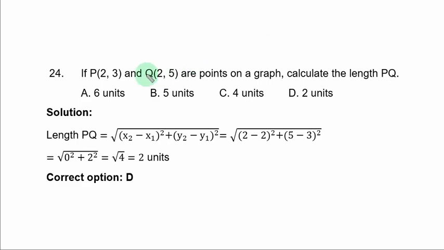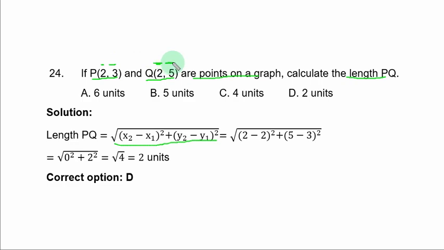Question 24. If P with coordinate 2, 3 and Q coordinate 2, 5 are points on a graph, calculate the length PQ. The length PQ is the distance between P and Q, and it can be calculated using this simple formula, where X1 is 2, Y1 is 3, X2 is 2, Y2 is 5.